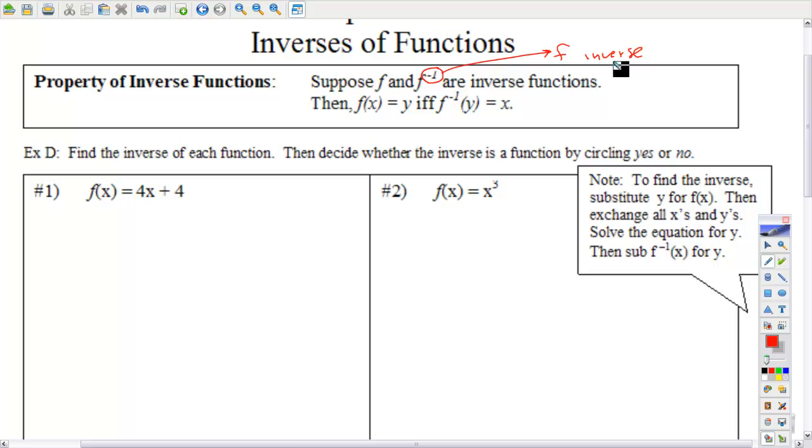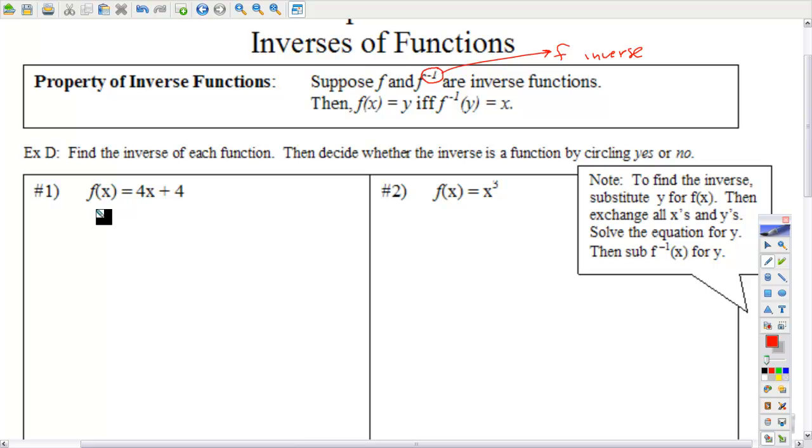That's the notation that we use in math to denote an inverse of something. Suppose f and f inverse are inverse functions. Then f of x equals y if and only if f inverse of y equals x. I'll explain how to put that into practice here in example D, because that's a little confusing.